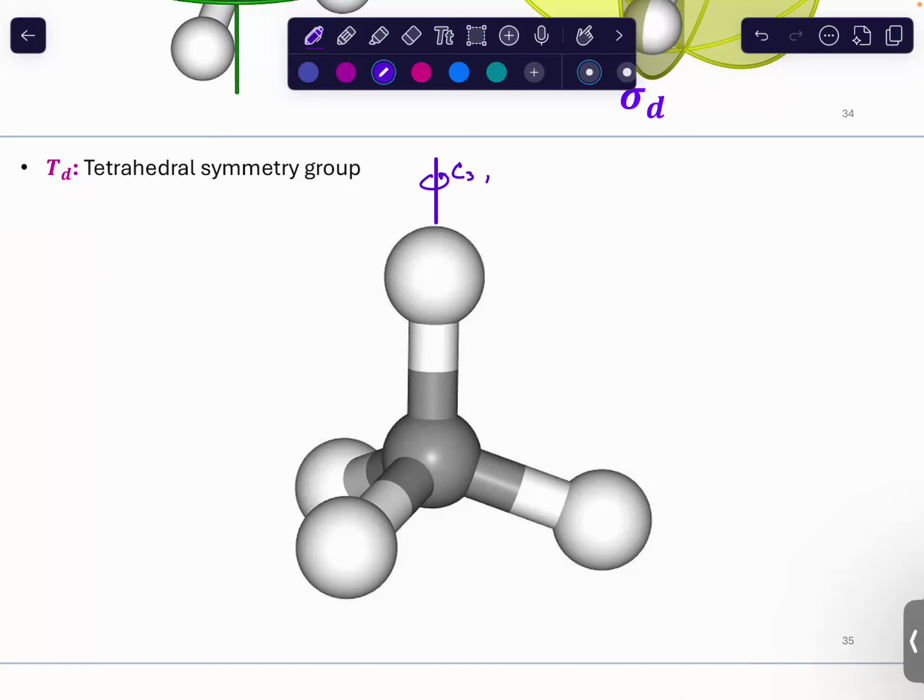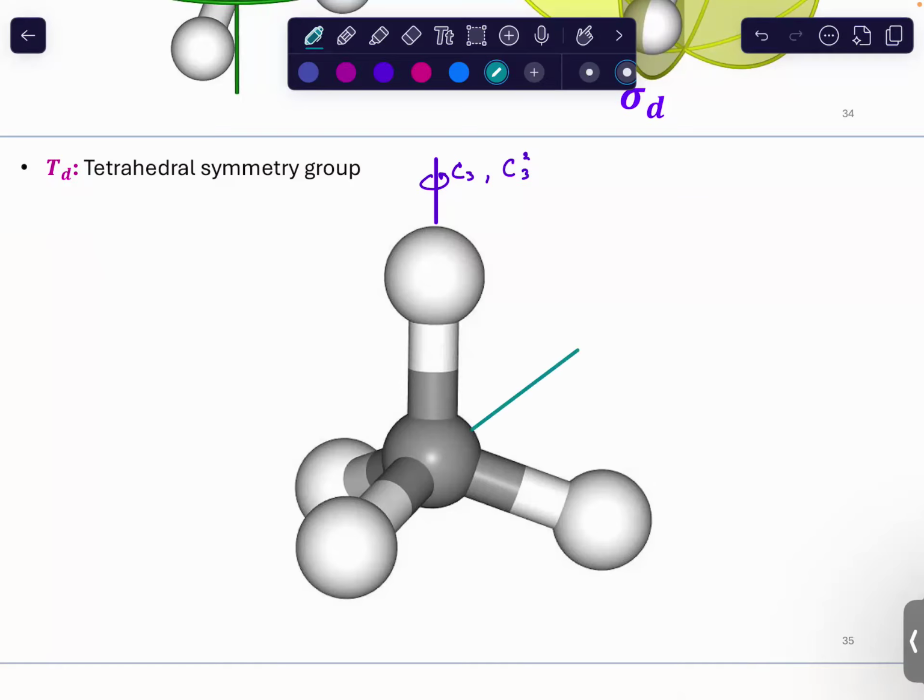So of course, then we're also going to have a unique C2. What else do you think we have? You'll have sigma Ds for all of them, right? And why do we have sigma Ds? Because it can cut down the middle of each of those. So let's say I put one right there.